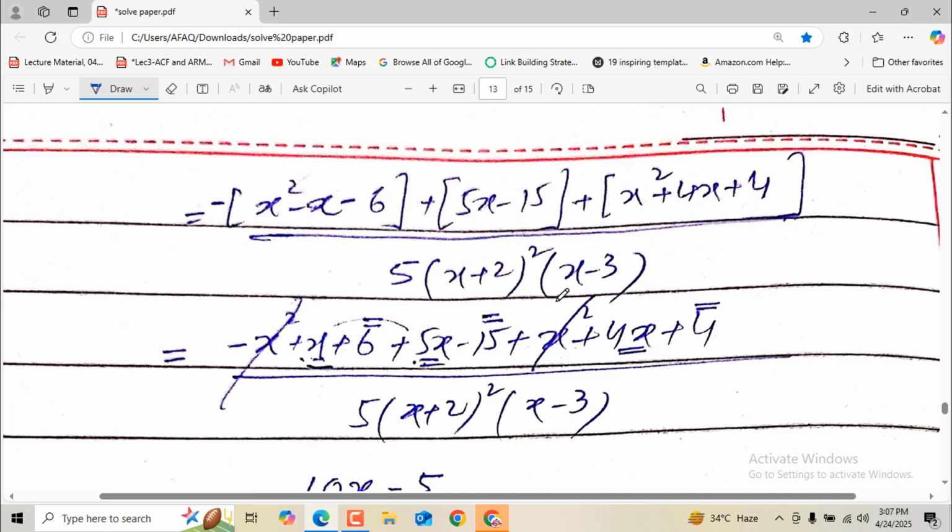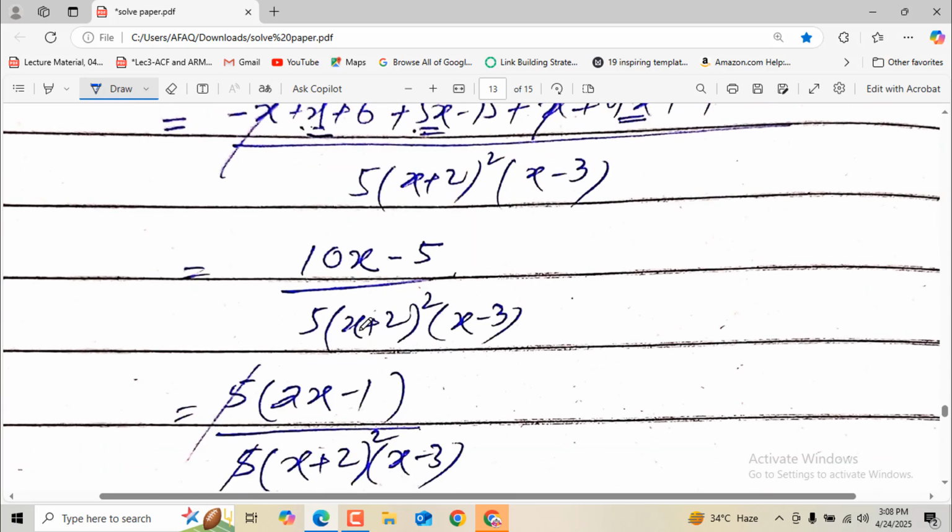This is cancelled by this. 5x plus 5x plus x is 10x, and 6 minus 15 plus 4 is minus 5.